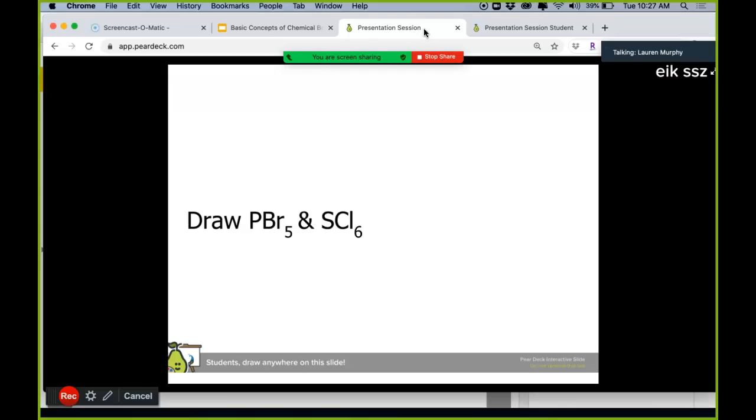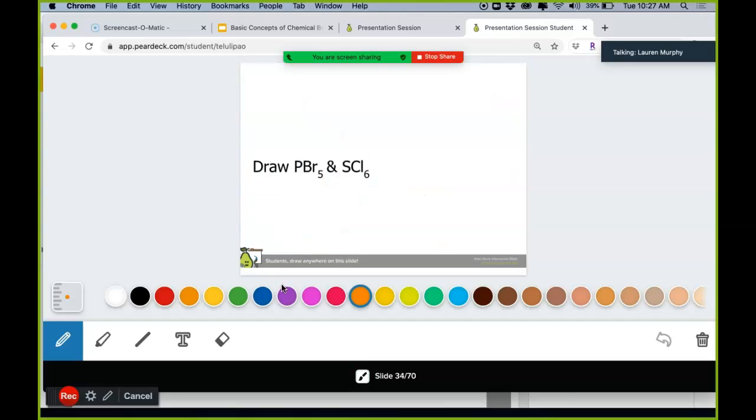So let's practice. Let's draw PBr5 and SCl6. Phosphorus has 5 valence electrons, 1, 2, 3, 4, 5, and then bromine, bromine, bromine. Now we have 5 bromines, so I have to split up this pair, which we haven't done yet. You just have to, there's no other way around it. Bromine has 7 valence electrons, so 1, 2, 3, 4, 5, 6, 7, bond.